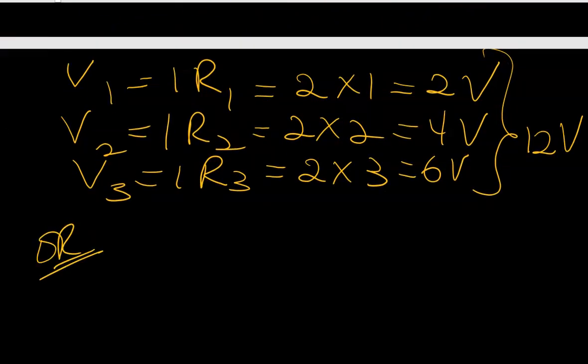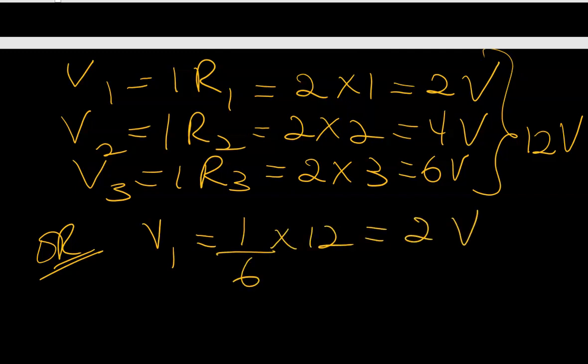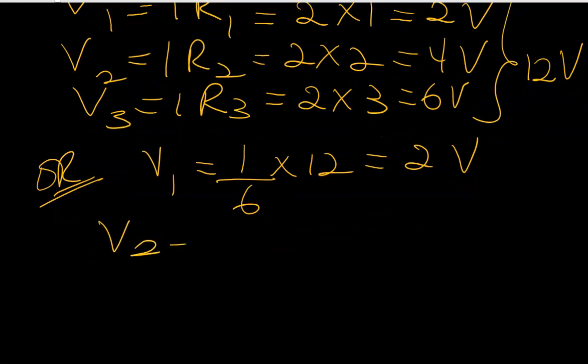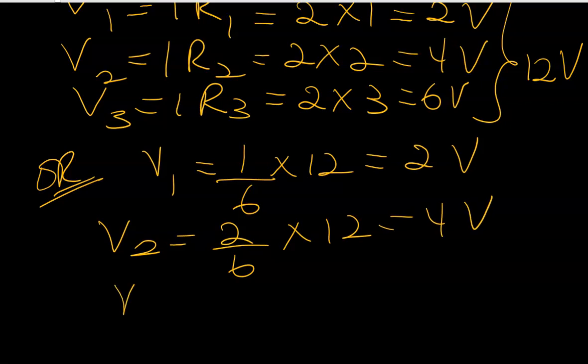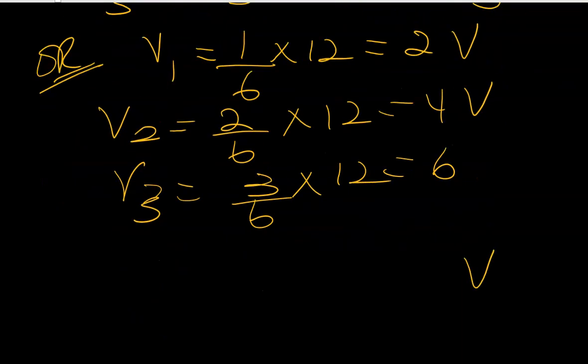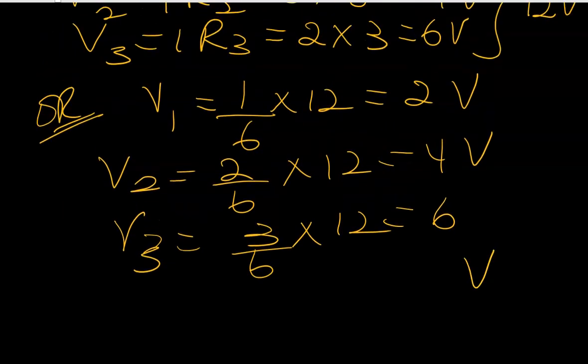Alternatively, V1 is 1 over 6 multiplied by 12, which gives me the same thing, 2. V2 is 2 over 6 by 12, which gives 4. And V3 is 3 over 6 by 12, which gives 6 volts.